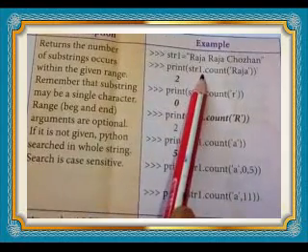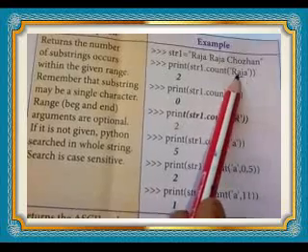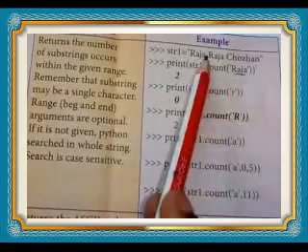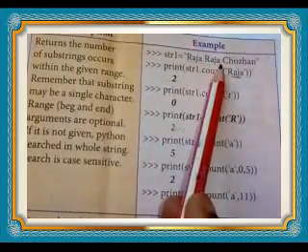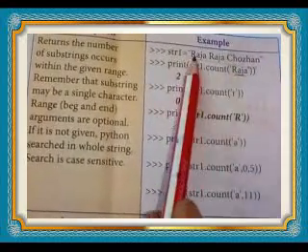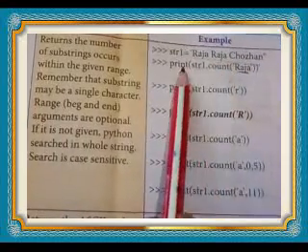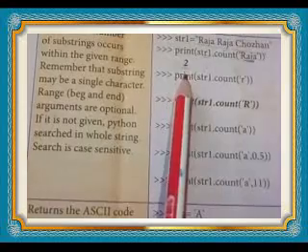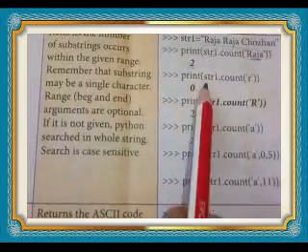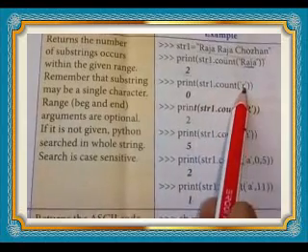Print str1.count("Raja"). Raja is the string we want to search in str1. So how many times is Raja there? Here 2 times. So it returns 2. The print function prints that 2 on the monitor. Next print str1.count("r").